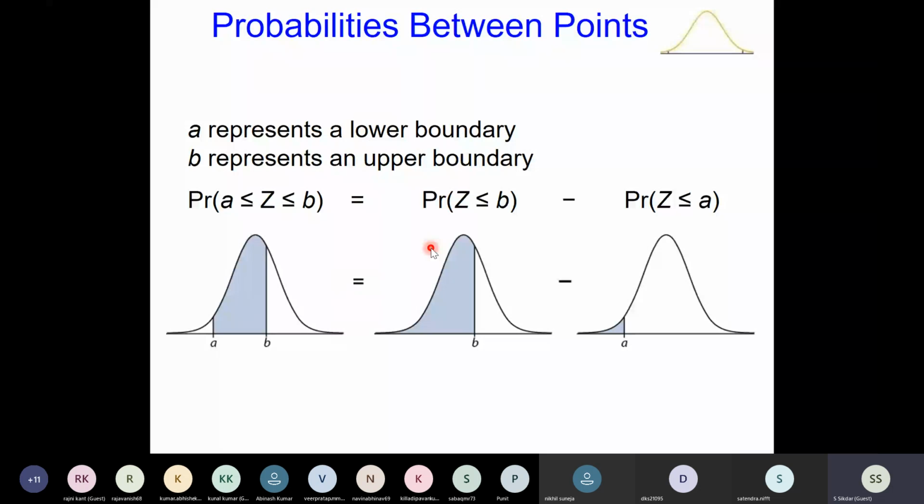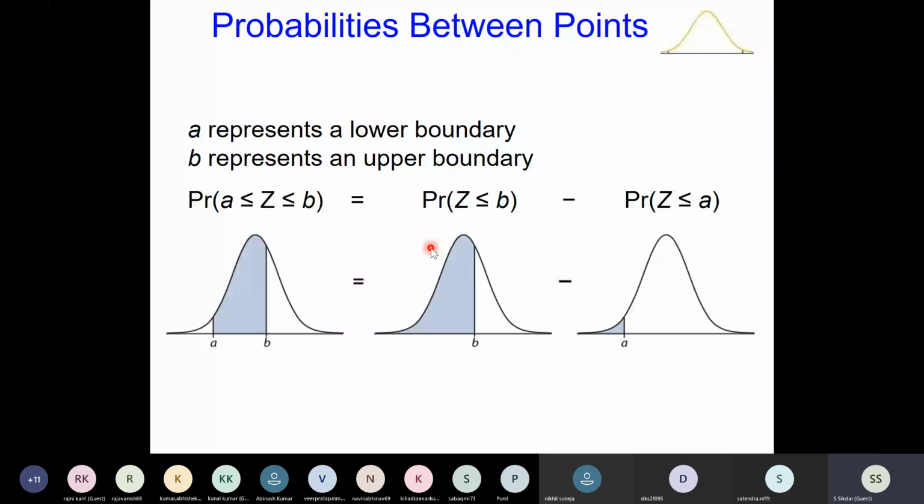It's just like in integration. When you learned the concept of integration, you learned that integration is nothing but the area under the curve. So the area is equal to the integral of f(x) dx with limits a to b, a definite integral.